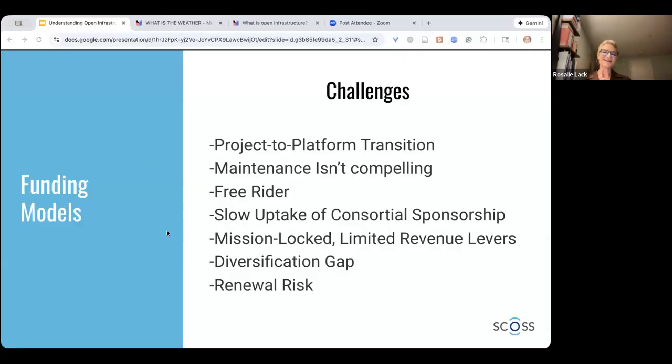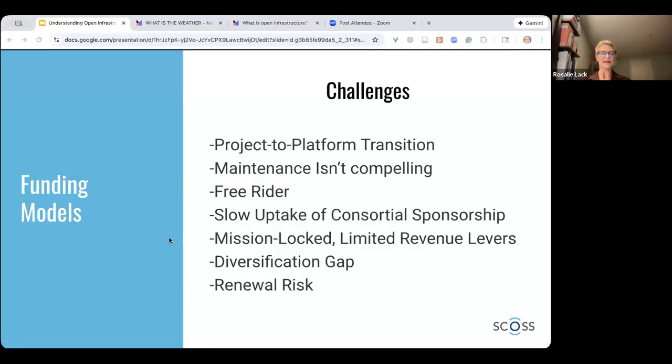So the idea is they may get funding to do some really interesting, innovative project, but very few funders, foundations or others who might fund research, are as interested to fund maintenance or ongoing operations of these infrastructures. That becomes a challenge if they're not getting enough funding from those who are using the infrastructures, which leads to our next point, that there is definitely a free rider problem.